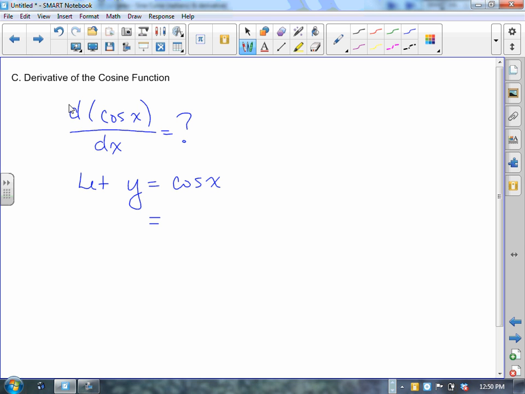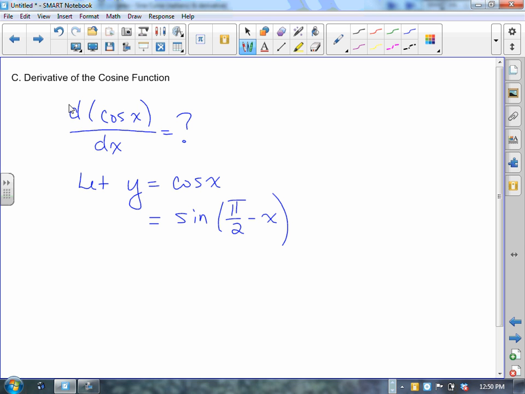So for instance, we know that the cosine of x is equivalent to the sine of pi over 2 minus x. This is a known fact. Also take note that we do have a derivative for the sine function. So that means we could perform a substitution.